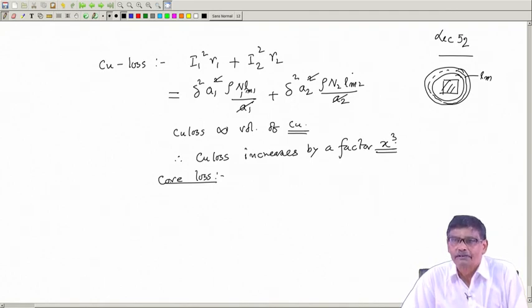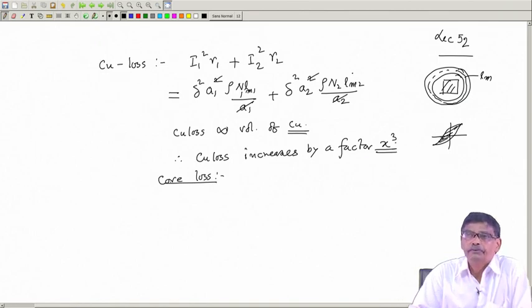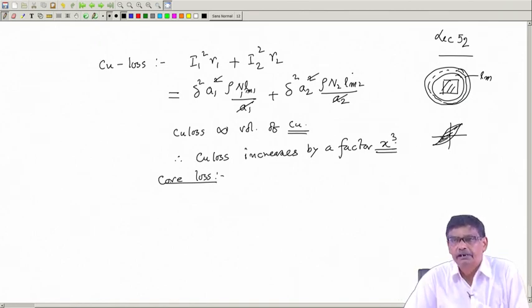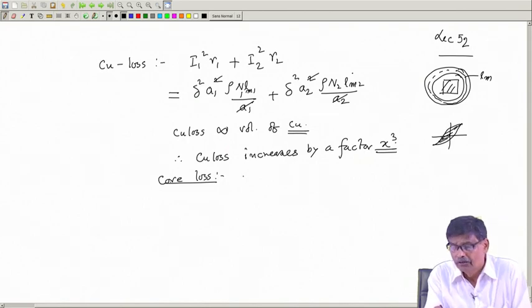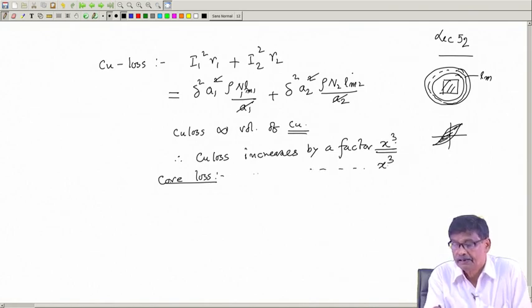Similarly, hysteresis loss, this area gives you a measure of hysteresis loss. It is also per unit volume per unit cycle. Therefore, core loss will also increase by a factor of x cube.